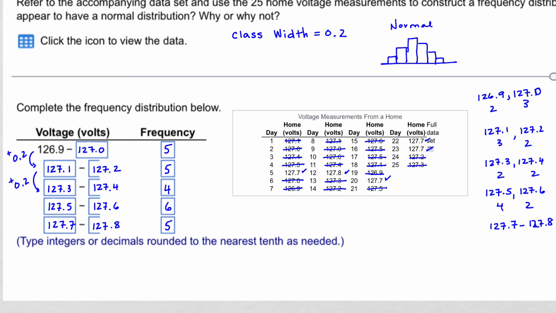In this case, we have 5, and then 5, and then 4, and 6, and then 5. So this is closer to a uniform distribution. It's not perfectly uniform. I'm going to call it uniform-ish because it's closer to uniform. So that is how you do that problem.